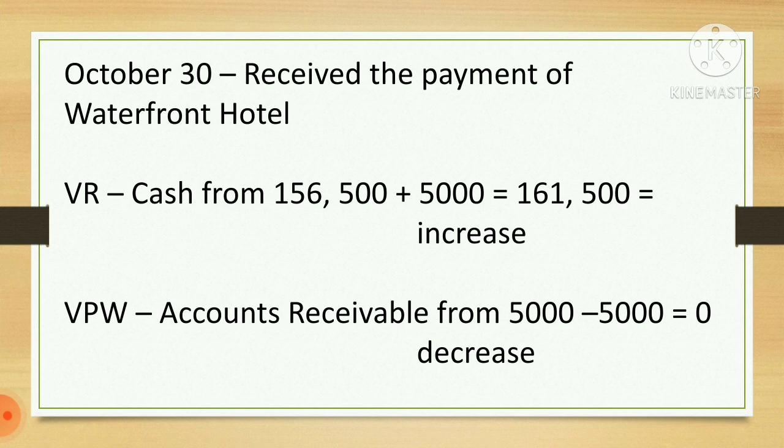So when you give out your accounts receivable, that's from 5,000 originally minus 5,000, it becomes 0. So what happened to your accounts receivable then? It decreased. So I hope this helped you understand the effects of accounting transactions.